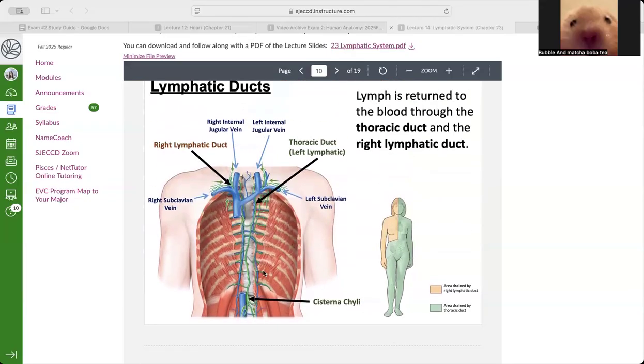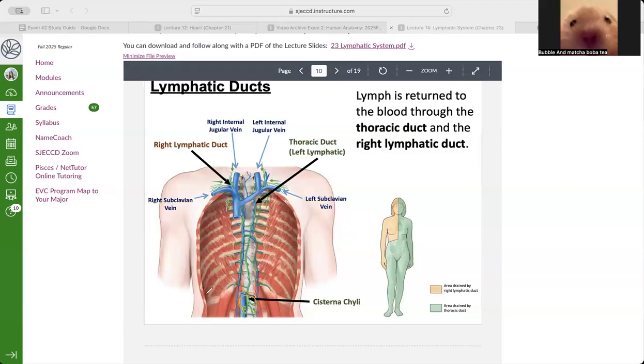And as you can see here, they have a cisterna chyli. The cisterna chyli is basically just a large portion of it, located in the abdominal pelvic cavity, like a little bulb right here.